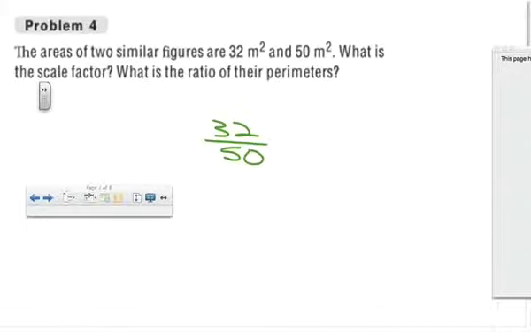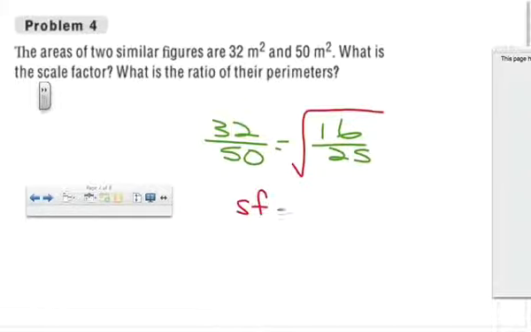But maybe you look at that fraction one more time, reduce it. And when it reduces, oh, that's much prettier to take the square root of. So when we take the square root of this, our scale factor becomes 4/5, which means that will also be the ratio of their perimeters.